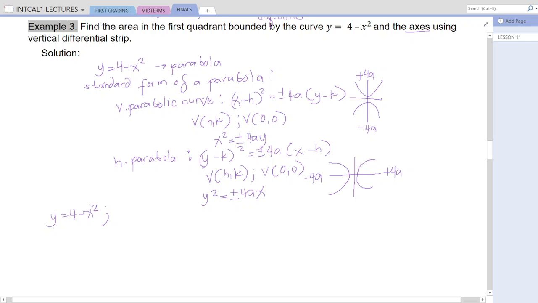So transposing x squared to the left side, that is x squared is equal to 4 minus y. So rewriting this to its standard form, that is x squared, we have to bring out the negative. So that is negative multiplied by y minus 4. Since that is the equation, our vertex is at hk, that is 0 and 4. Okay, so having that negative there indicates that the parabola is opening downwards.